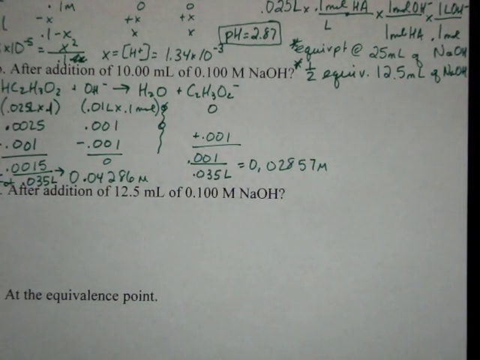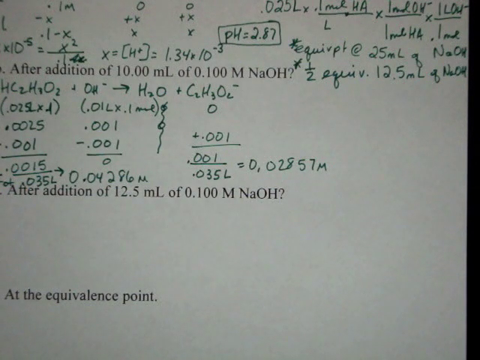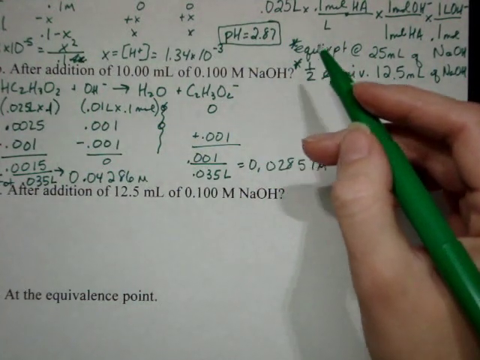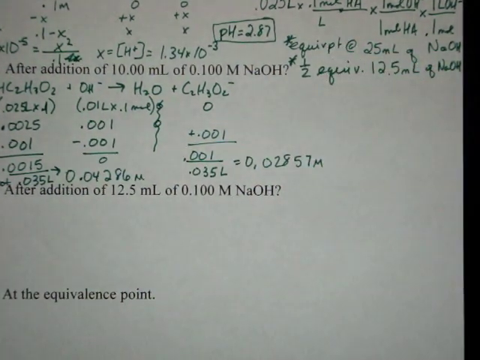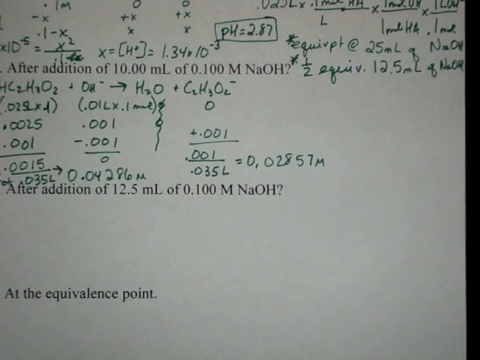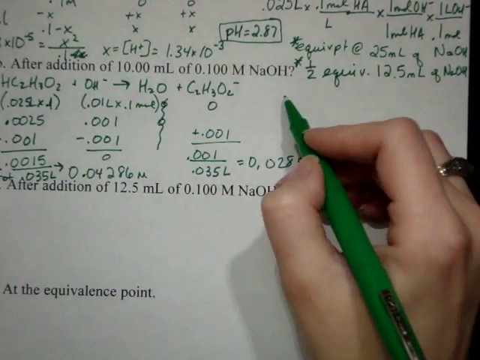At this point, I can either use the Henderson-Hasselbalch equation, or I can use Rice to help me figure out what's the most appropriate change here, because now we have a new equilibria forming. I'm going to go ahead and use the Henderson-Hasselbalch.